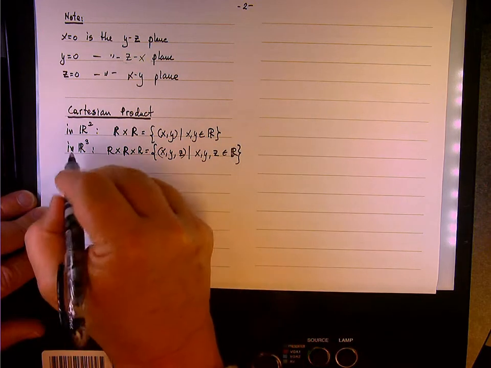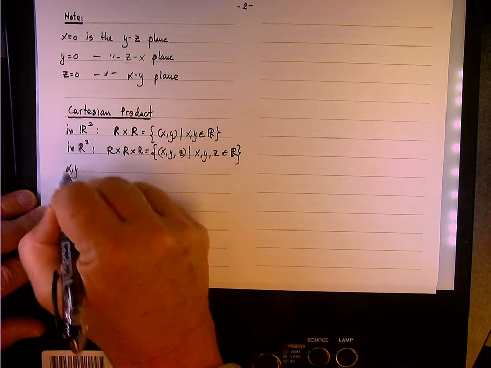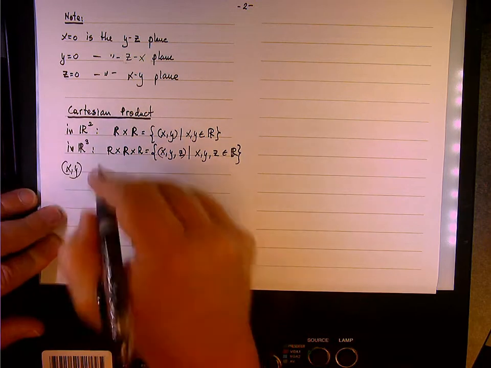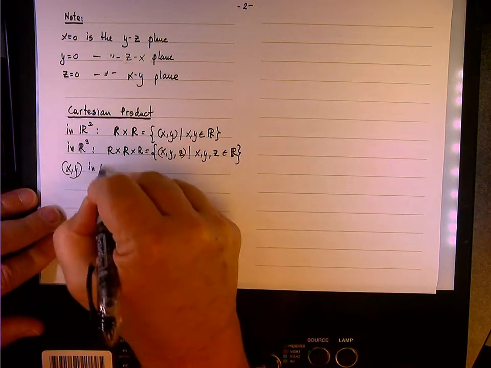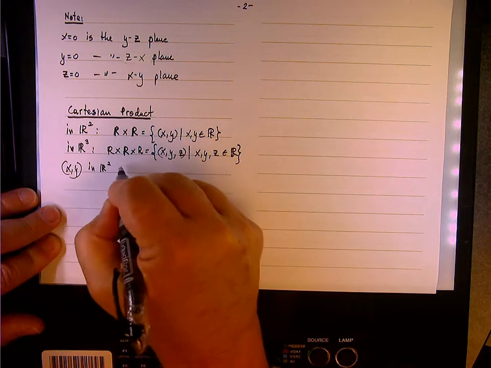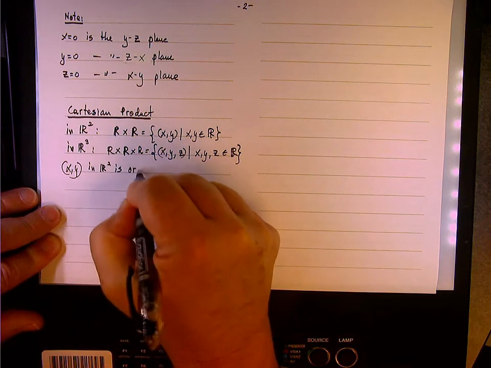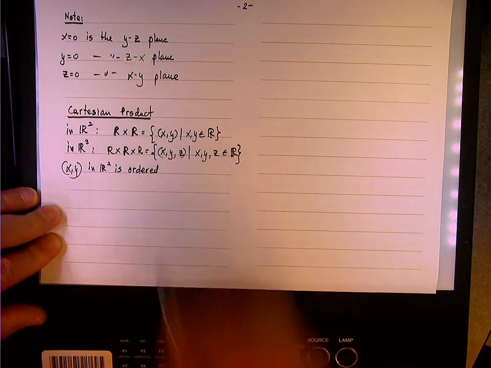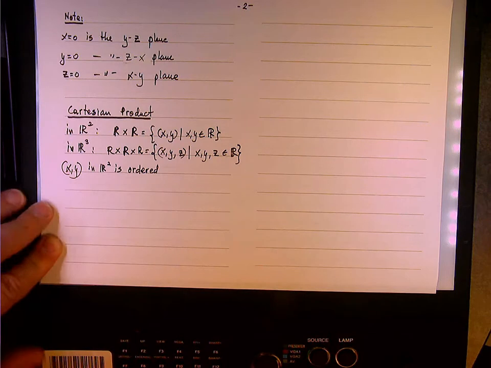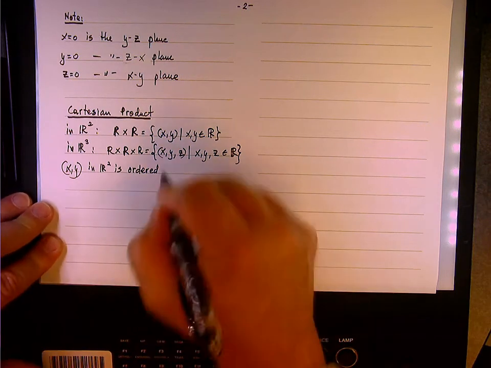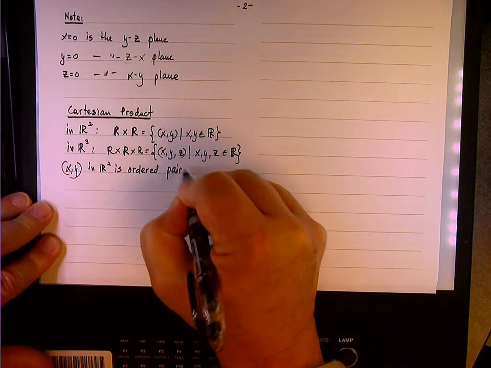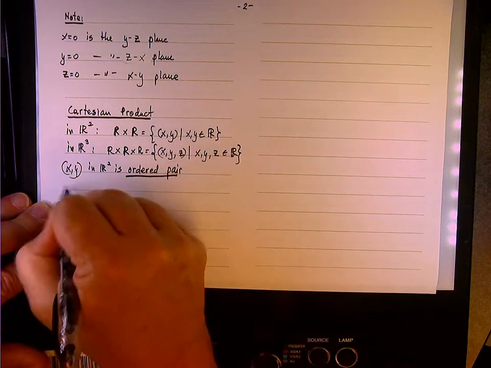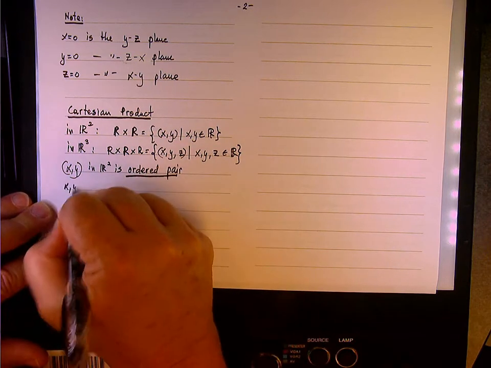Okay. In more practical terms, a point on the xy plane, so a point xy in R2, is an ordered pair. If we say we have a point 7, 2, it's ordered because 7 is the x value and 2 is the y value. So we are looking at an ordered pair.